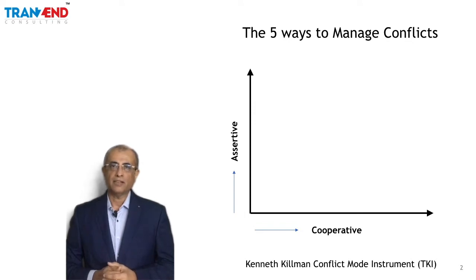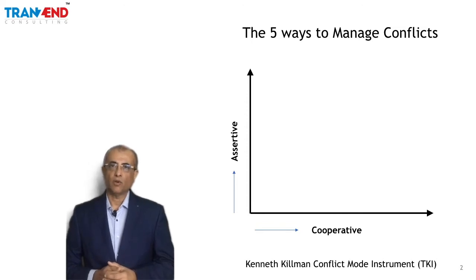Now, as you can see in the graph, on the y-axis you have assertion, and as you go up from the bottom to the top, the assertion is going up or increasing. The x-axis has cooperation. So as you move from the left to the right, the cooperation is increasing.